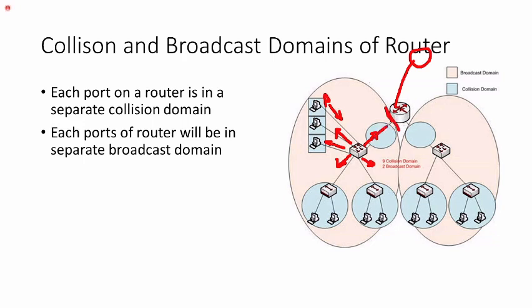So the router will not forward it to this side or this side. Understood? Why? Because the router means the end of the network. When you come to the router, that means the end of your network. So after the router, broadcast messages are also not forwarded. A broadcast message sent by A will come here, to these two computers, and to the router, but the router will not forward it further. So your broadcast domain ends here.